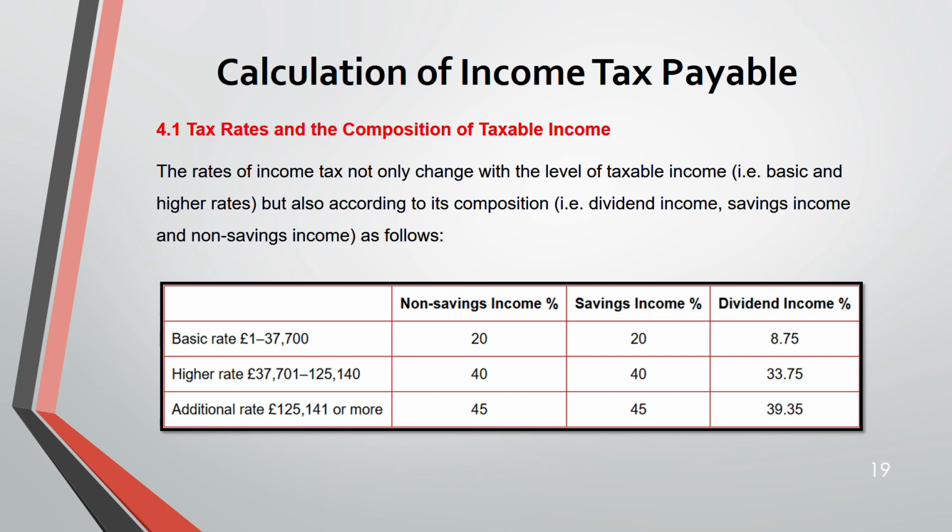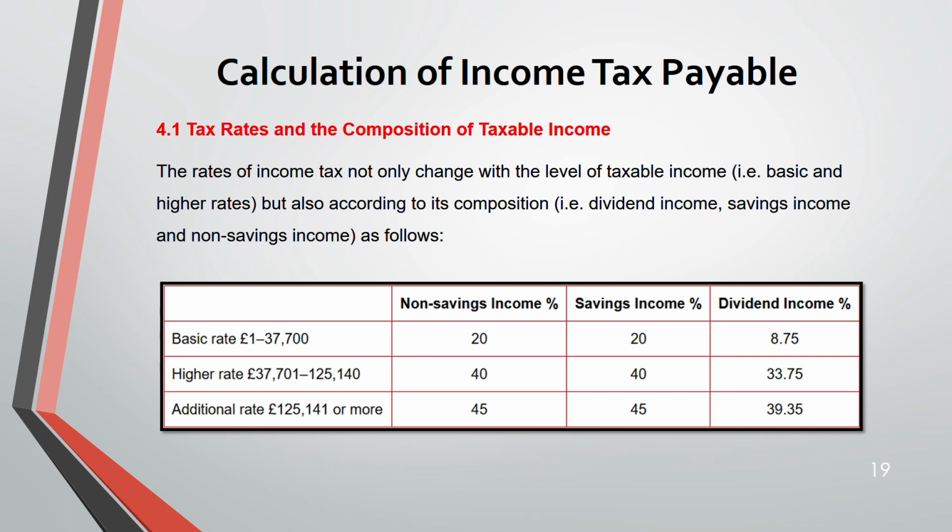It remained the same. That is basic rate. That means your income from £1 to 37,700 is known as basic rate. Next slab, 37,701 to 125,140 is known as higher rate. Third, the largest category, the one having the highest income, 125,141 or more, is known as additional rate.